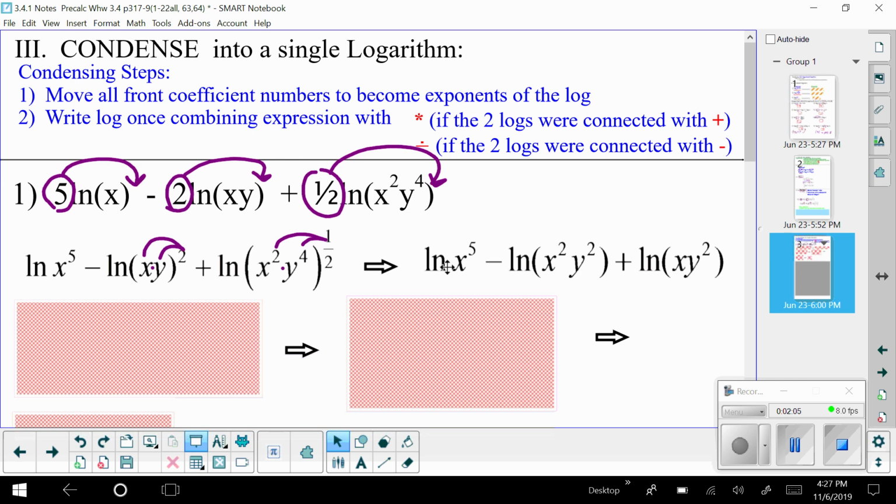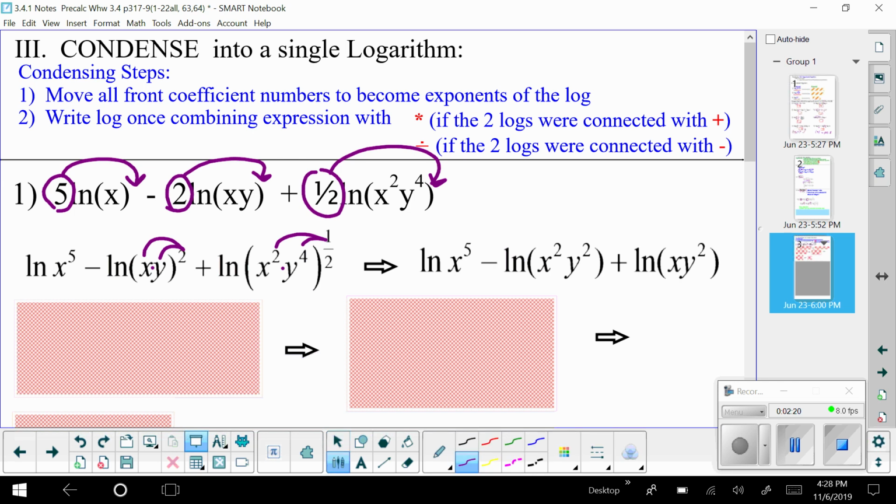So far we've taken care of all of our coefficients. We changed them back to exponents and we reduced all of the exponents down as much as we can. So the next thing that we're going to do, start on the left, work your way to the right. First thing I notice is the subtract sign right here. How do you condense subtraction? You use division.